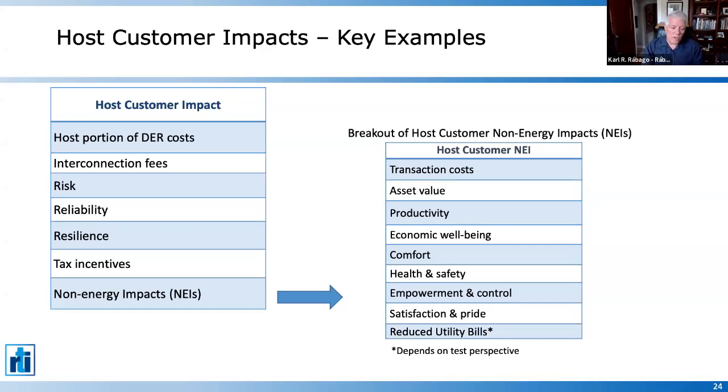In the efficiency world, we talk about the efficiency gap, the idea that some customers really demand a short payback before they'll do cost-effective energy efficiency investments. So taking care to understand how host customers value this stream of benefits and costs is important if you want to understand things like adoption rates and ultimate perceptions of fairness, if you will, benefits.